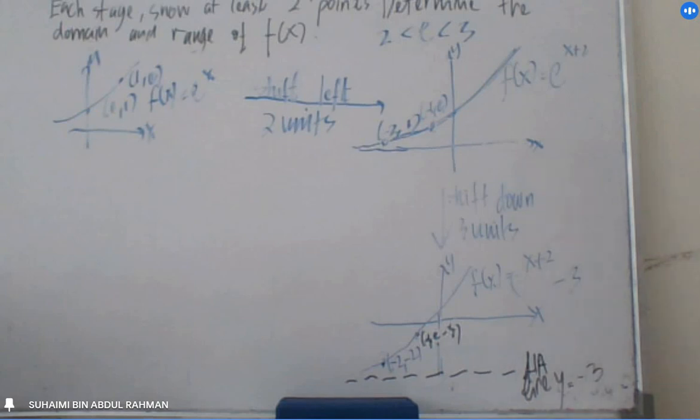Right. So if you look at these transformations, it's easier compared with the previous one. Why do you say it's easier compared with the previous one?